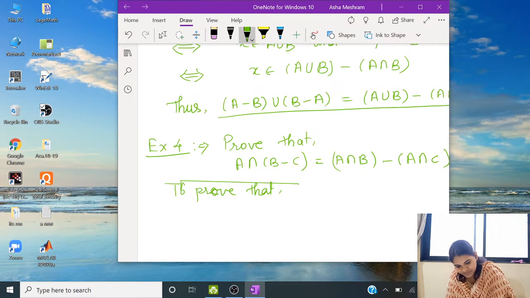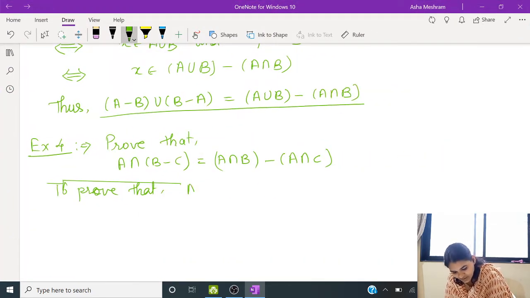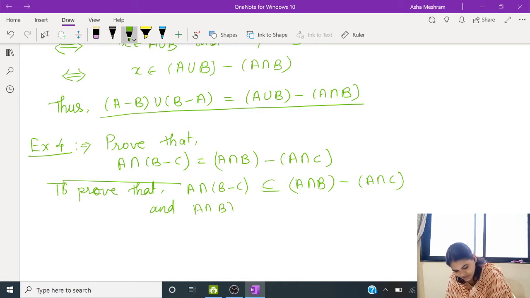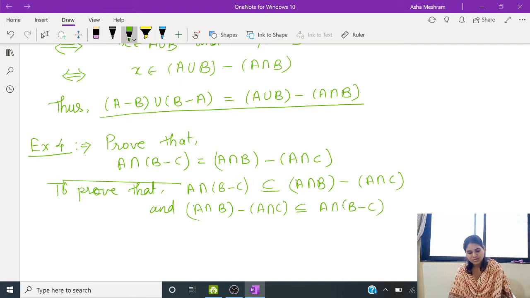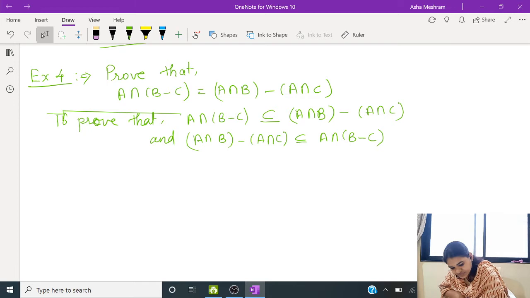So we prove that A intersection B minus C is a subset of A intersection B minus A intersection C, and A intersection B minus A intersection C is a subset of A intersection B minus C. If we show these two, then it will imply that these two sets are equal, and whatever we had to prove will be proved. So let's start the first part.